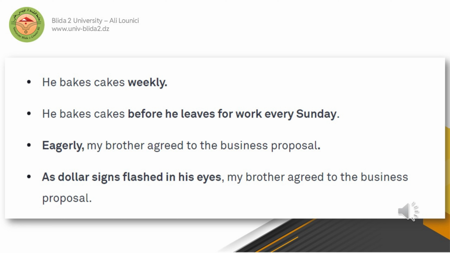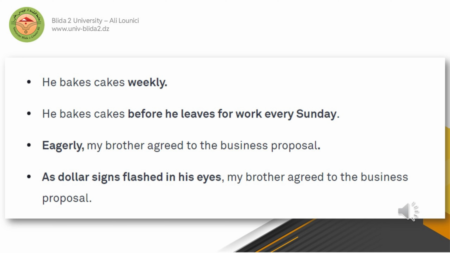Eagerly, my brother agreed to the business proposal. And the fourth one: as dollar signs flashed in his eyes, my brother agreed to the business proposal. So, as dollar signs flashed in his eyes is an adverbial clause which serves the same function as the adverbial modifier eagerly in the third sentence, which is a simple sentence.